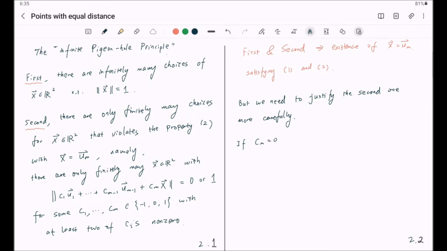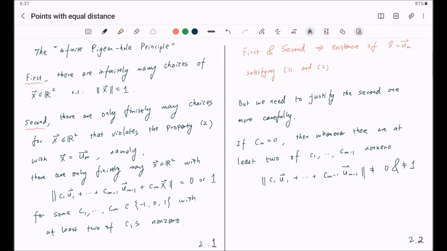If c_m here is 0, then whenever there are at least 2 of c_1 through c_{m-1} non-zero, by the induction hypothesis, we always have the length of this linear combination not equal to 0 or 1.